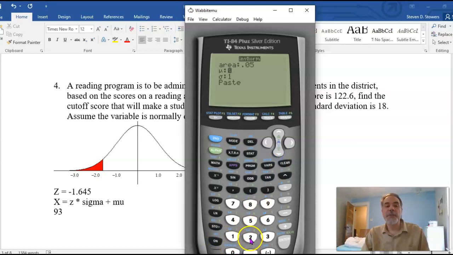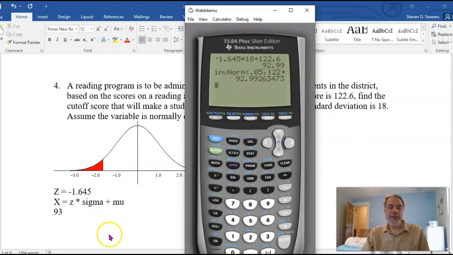And then you give it the mean, which was 122.6, and the standard deviation, which was 18. So you'll be asking your calculator for InvNorm of 0.05, 122.6, 18, and it'll tell you that that is 92.99.